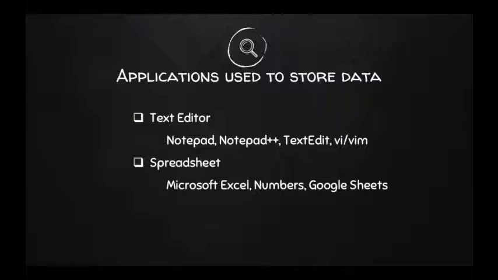Numbers is the Mac equivalent, or more commonly, a lot of people are now using Google Sheets or the Google Docs application suite within their Gmail accounts. Google Sheets is actually pretty good, but not real great for offline use. So you would probably be sticking with Microsoft Excel, Numbers, or another one, which is OpenOffice, an open source equivalent to Microsoft Excel.